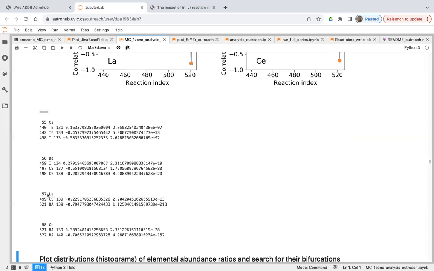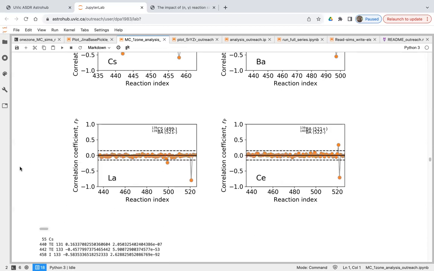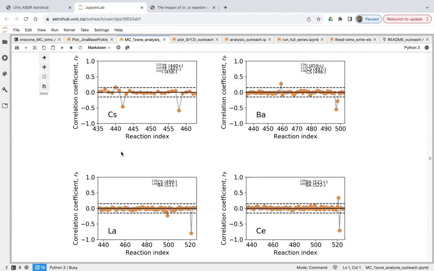Again, if I go to lanthanum here, it shows that lanthanum correlates with barium-139 and gamma with correlation coefficient minus 0.79. This is what we figured out from this plot. And barium has the strongest negative correlation with cesium-137, minus 0.055. So I think this is the most important cell.